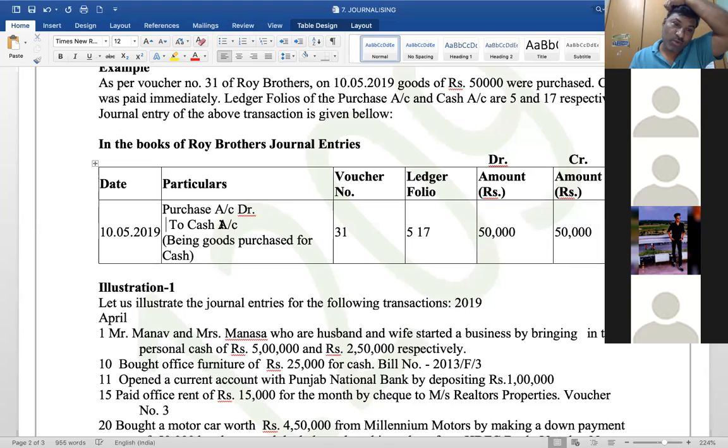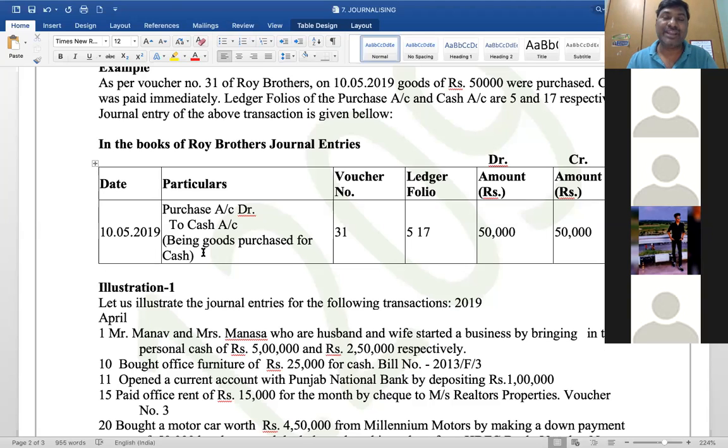And what is this? Write this description: being goods purchased for cash. The narration generally starts with being: being goods purchased, being goods sold, being salaries paid, being machinery purchased.